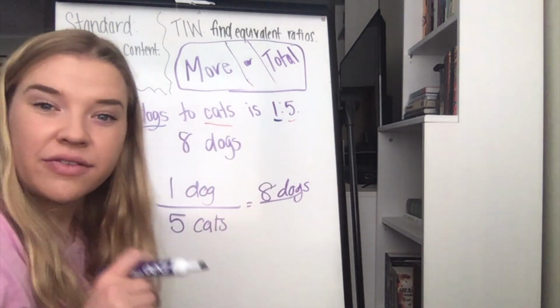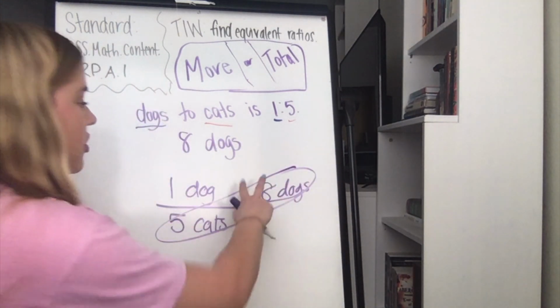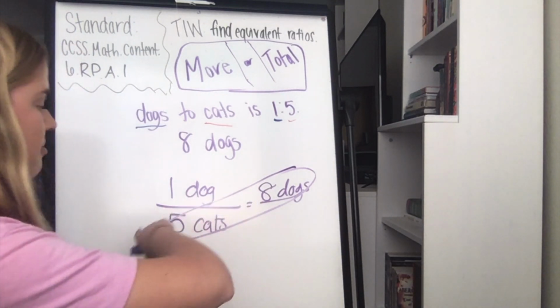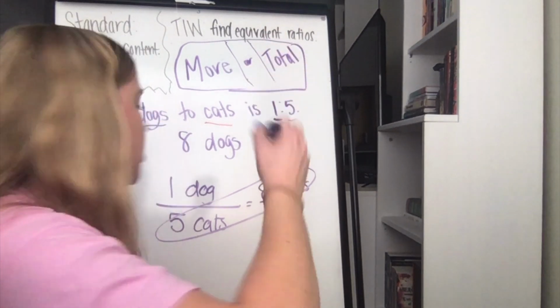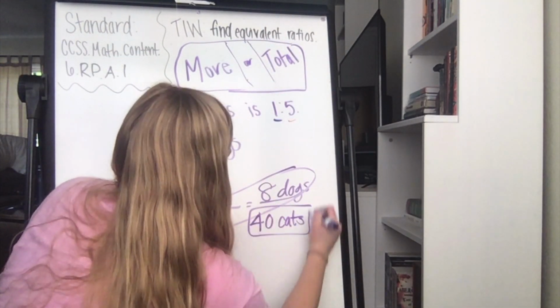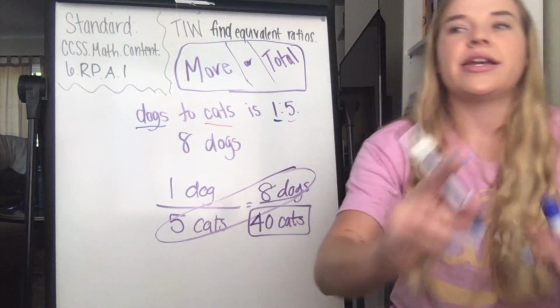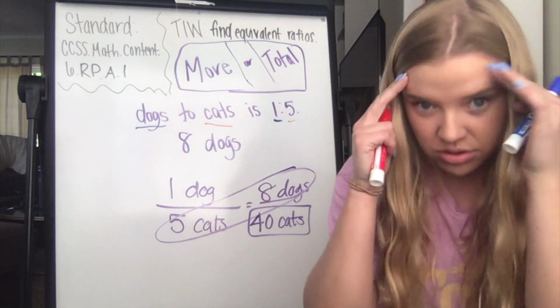And now to solve this, I multiply across and I divide by what's left. Those are the only two things diagonal from each other. 8 times 5 is 40. Divided by 1 is still 40. So that means we have 40 cats. Yes?